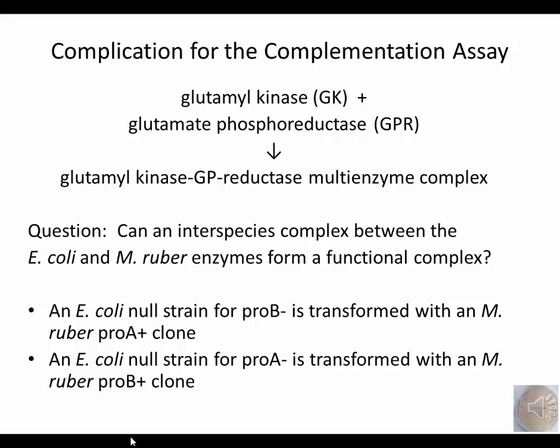In the complementation assay performed in this class, this scenario will be tested in two ways. One, an E. coli null strain for ProB will be transformed with an M. ruber ProA+ clone. Or two, an E. coli null strain for ProA will be transformed with an M. ruber ProB+ clone.